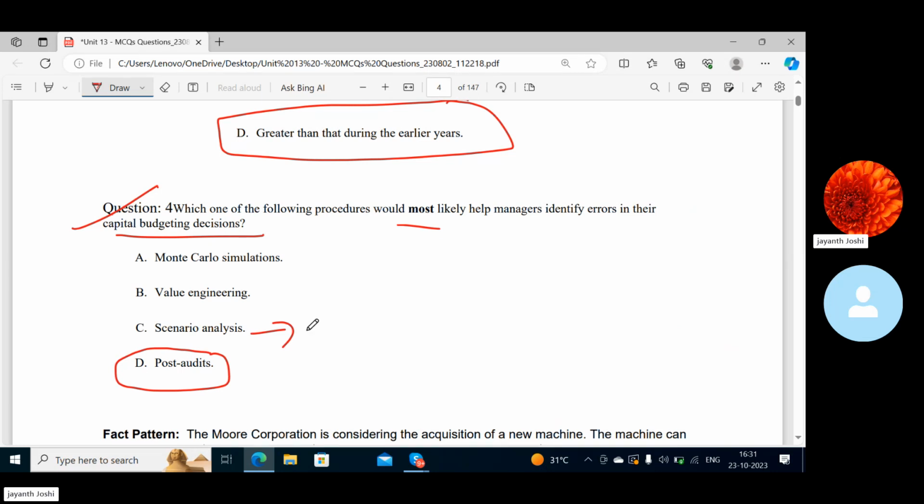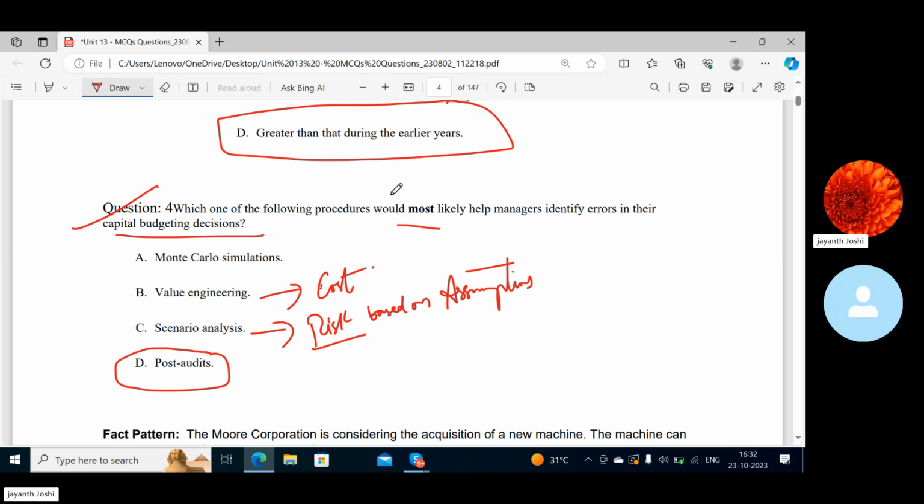Scenario analysis is a process of analyzing possible future results based upon various assumptions, so we generally see the risk. Value engineering is like reaching targeted cost levels. It is a systematic approach to assessing all aspects of value chain cost build up for a product. So this is related to cost.